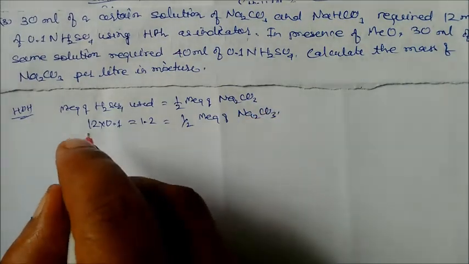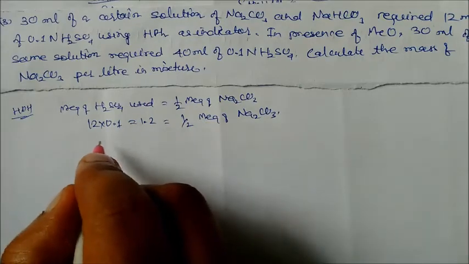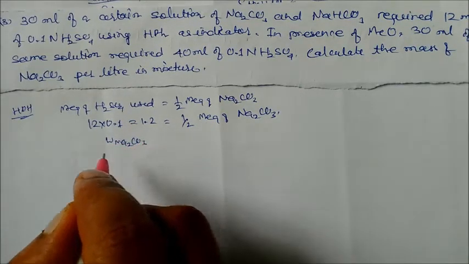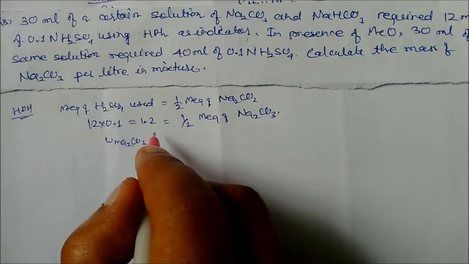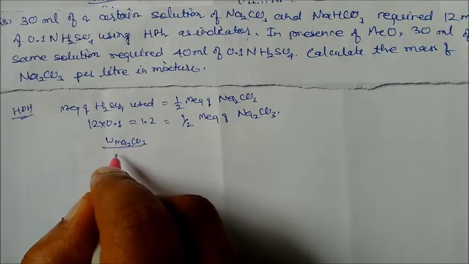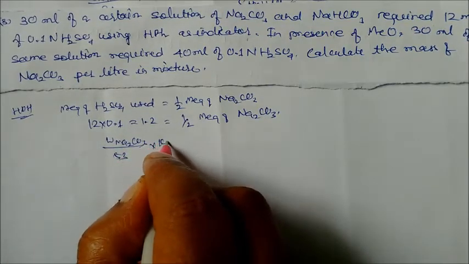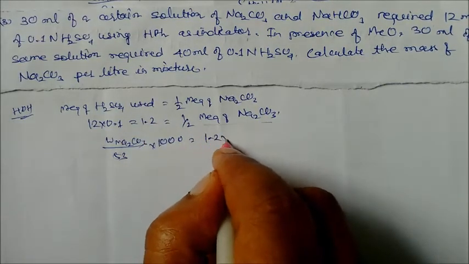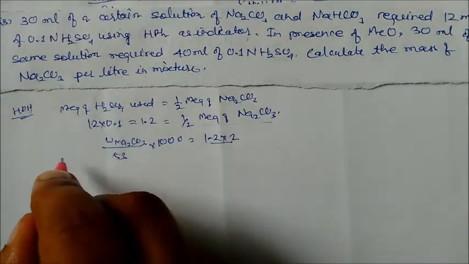So now we can find the weight also. The weight of sodium carbonate divided by 53 into 1000 is equal to 1.2 into 2.